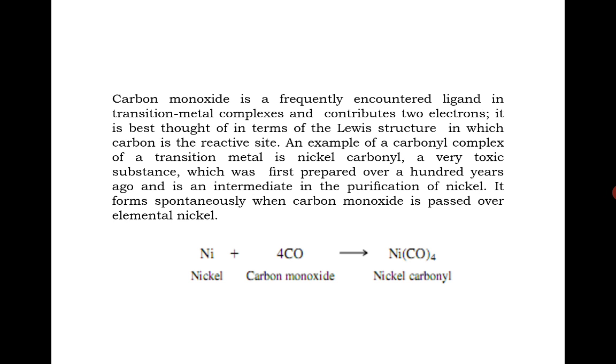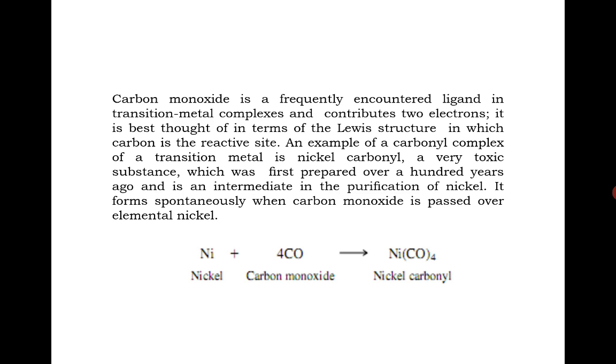Carbon monoxide is a frequently encountered ligand in transition metal complexes and contributes 2 electrons. It is best thought of in terms of the Lewis structure, in which carbon is the reactive site.